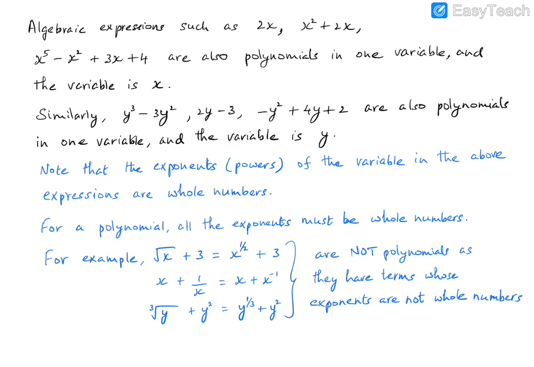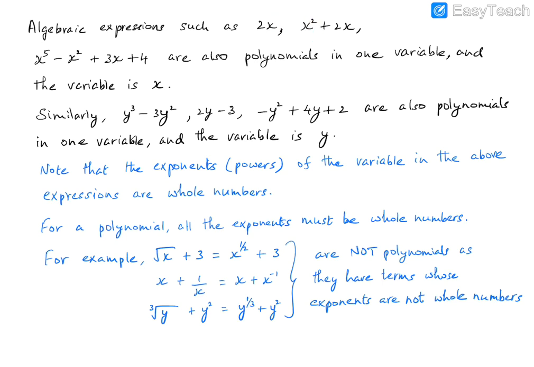The next thing that we notice from the examples that we have seen so far is that all of the polynomial expressions have the powers or the exponents of the variable given by whole numbers. So if you look at each of these examples, the power on the variable x is 1. 2x is basically 2x power 1.